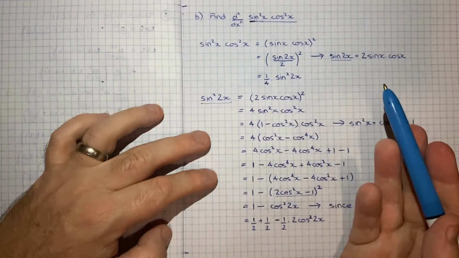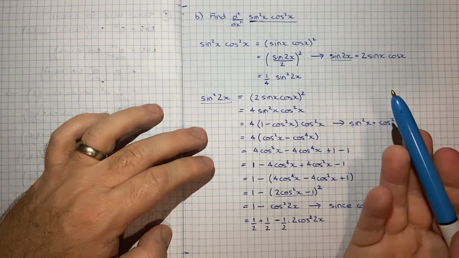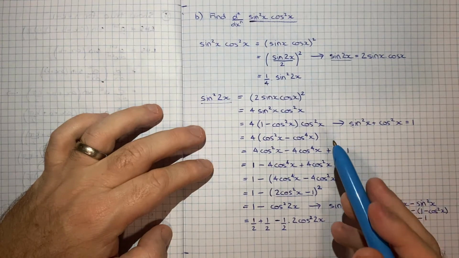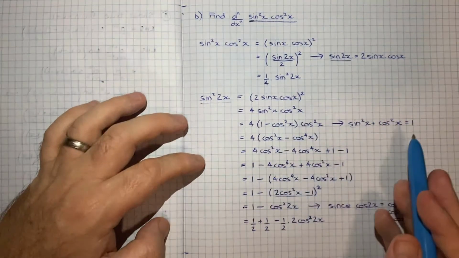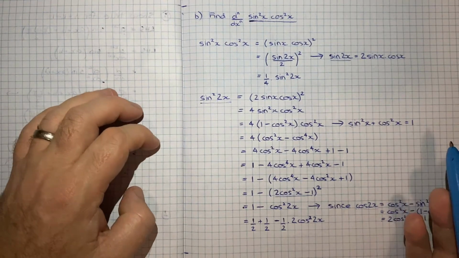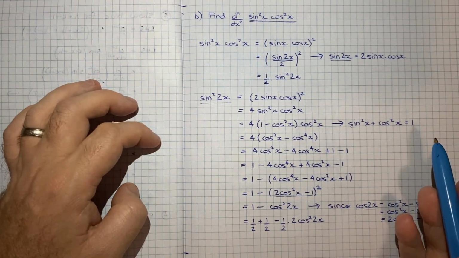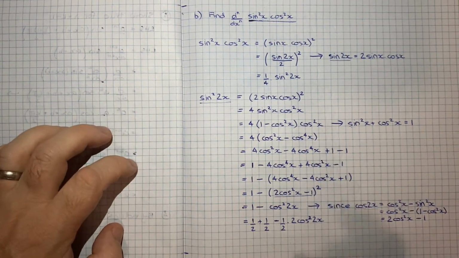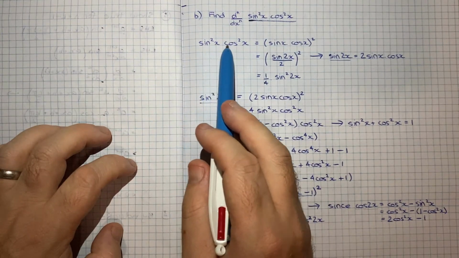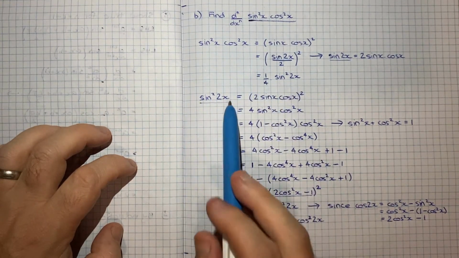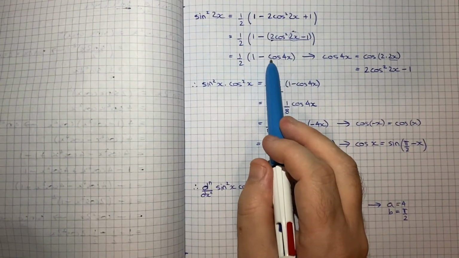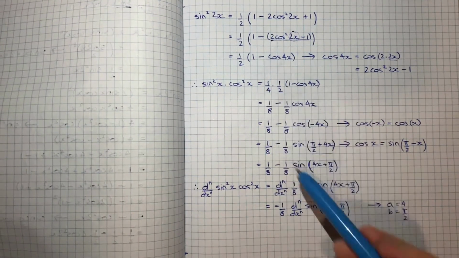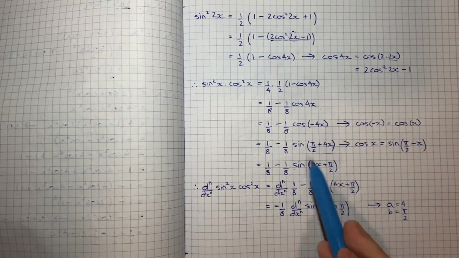We know that we needed to get it into sine ax plus b to be able to use part A, but I can imagine many students would end up going down rabbit holes and spending so much time not getting anywhere and potentially giving up, because as you can see, there's a lot of steps required to get from sine squared x cos squared x to sine squared 2x, and from there to having something in cos 4x that then lets you get it back to sine ax plus b. A lot of steps there, a lot of opportunities to make mistakes.